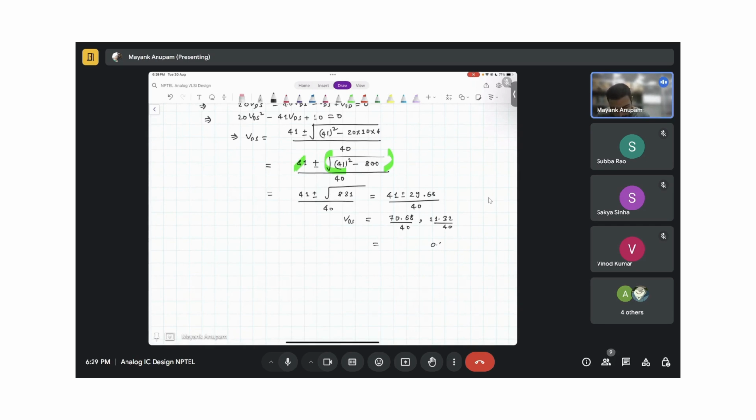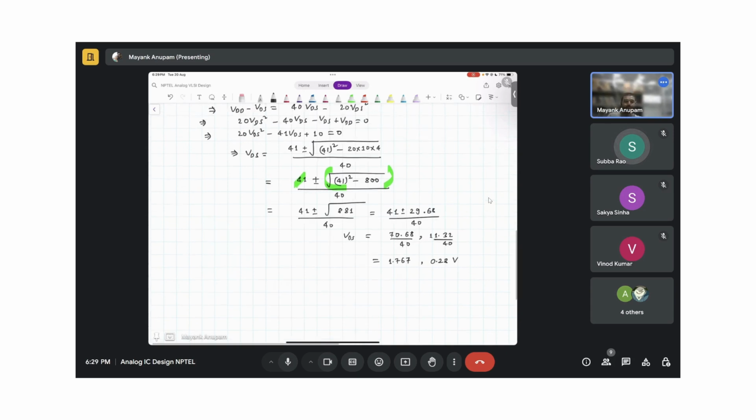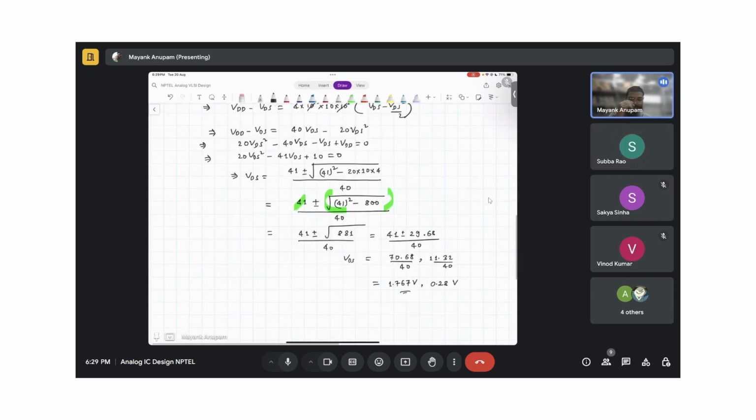It's 0.28 volts, right? And how much is this guy, 70.6 divided by 40? 1.767, correct? Yes.